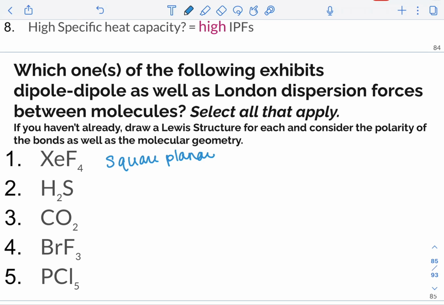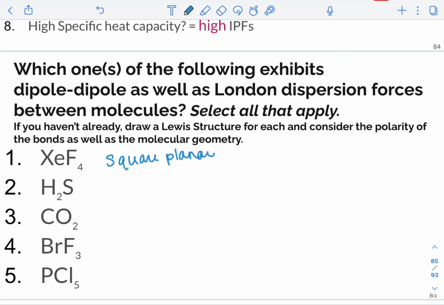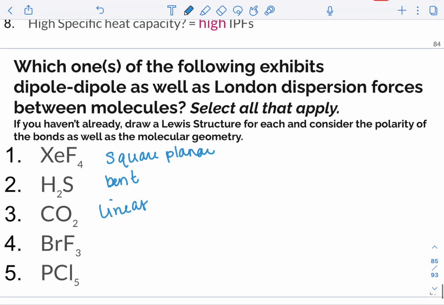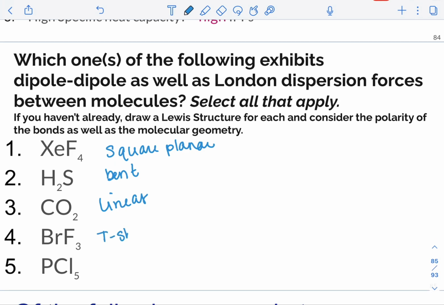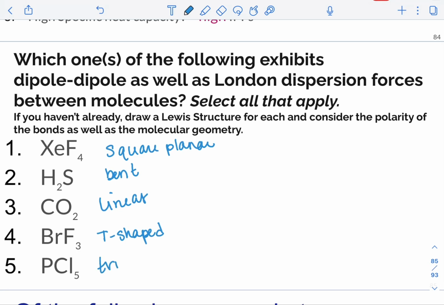H2S would be bent. CO2 is linear. BrF3 is T-shaped. And PCl5 is trigonal bipyramid.